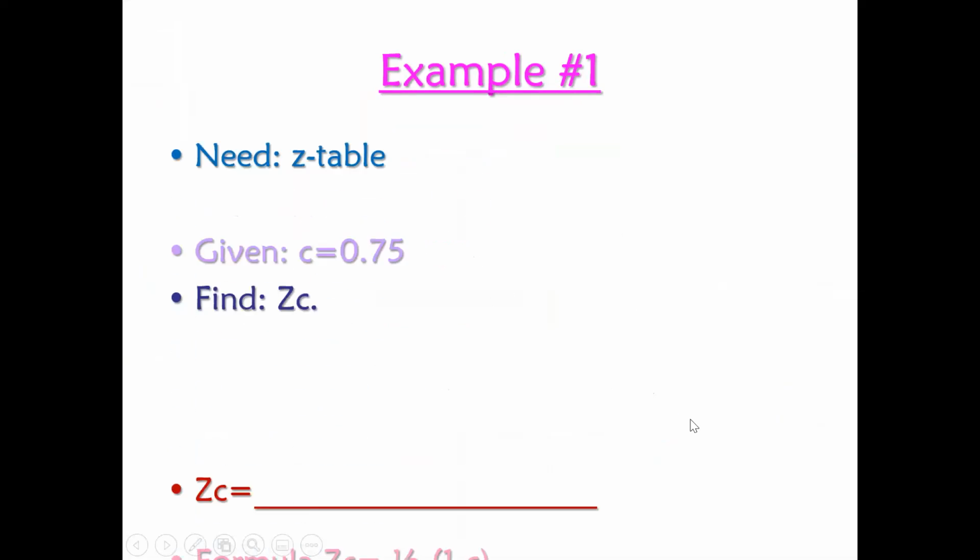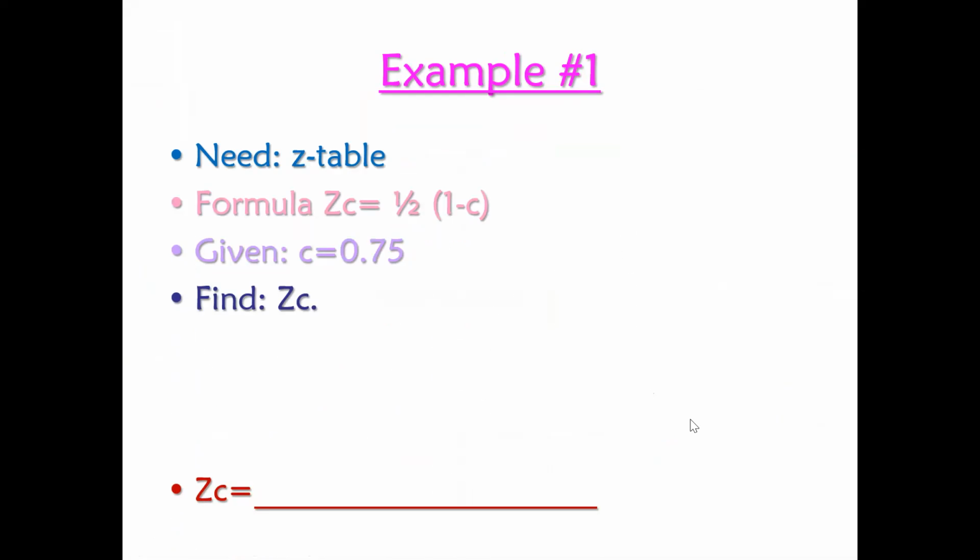Example 1. Go ahead and read the question itself. All right, so for example 1, you're going to need the Z table. The formula is ZC equals 1/2 times (1 minus C). Given that C equals 0.75, find ZC.